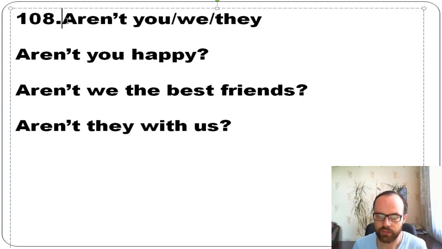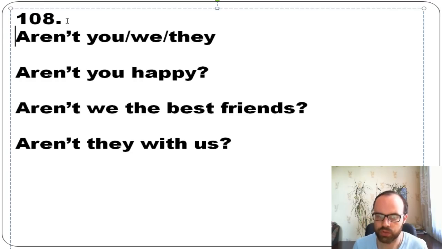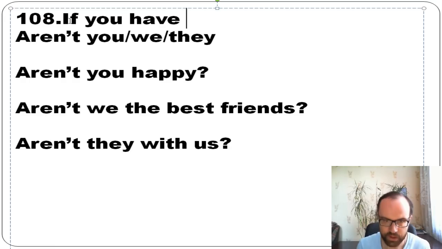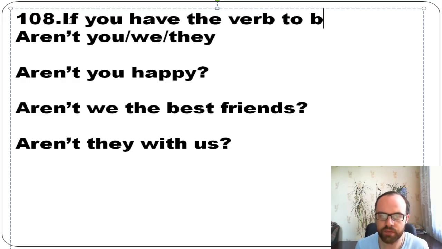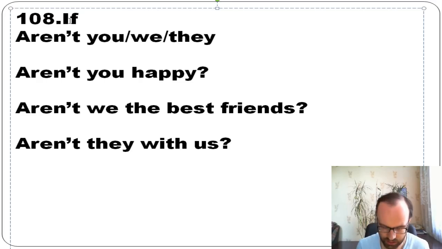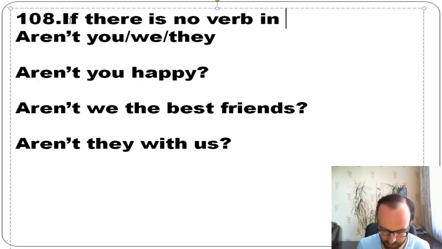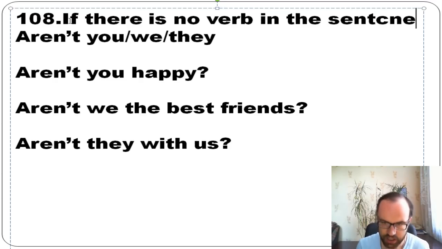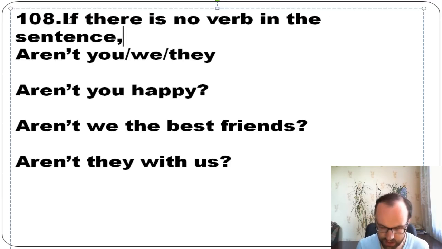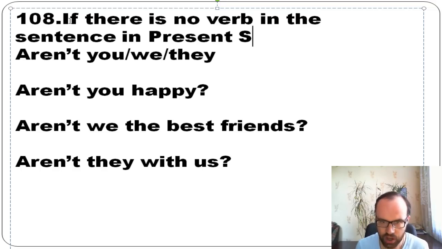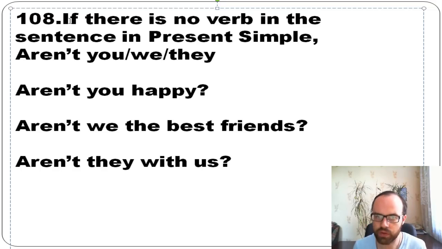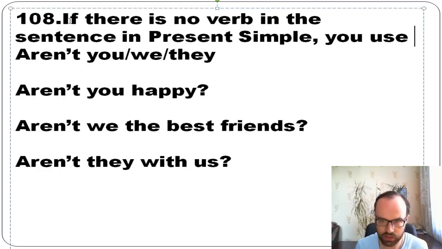Next. If you have the verb to be, or if there is no other verb in the sentence in present simple, I think you remember it, you use the form of the verb to be.